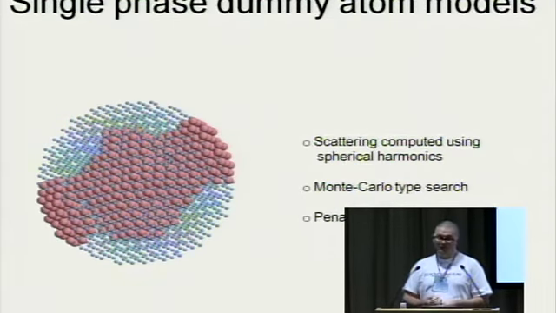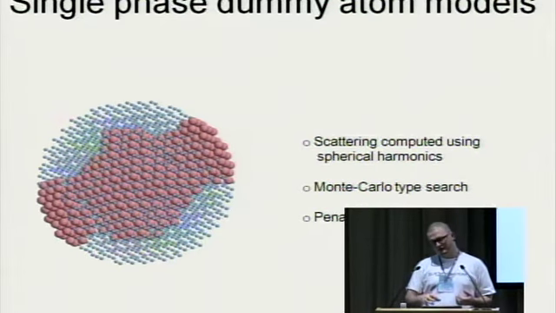There is a quick way of computing the scattering, an approach called spherical harmonics, which will give you an approximation of the scattering which is good enough for our purposes. So this is a computational method that permits us to quickly compute the theoretical scattering pattern from this bead model.